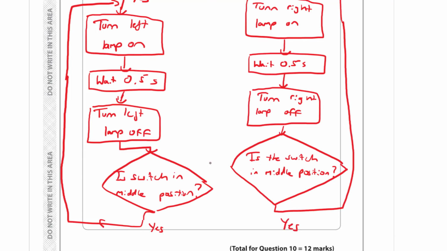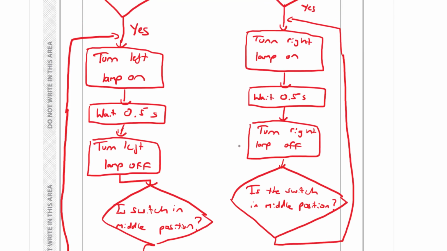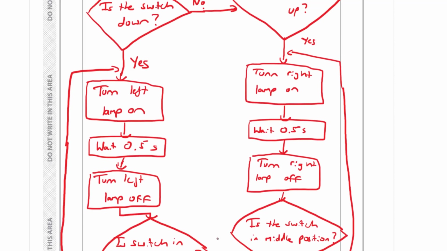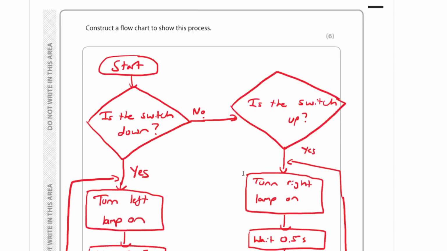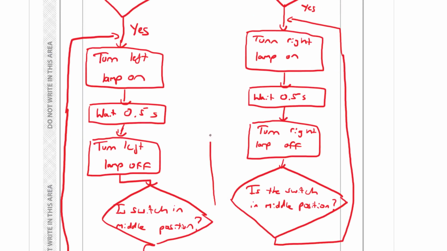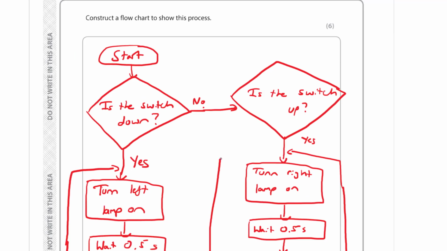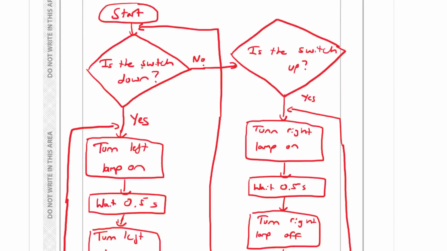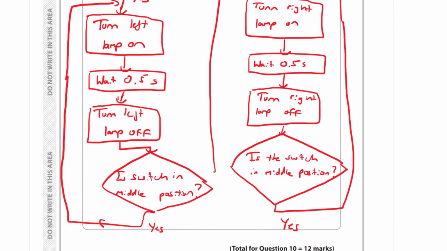So we need to actually wrap this up and say that, so if it's no, we can kind of connect this now. But these are two separate processes, hence we've got two separate boxes asking the same thing, basically. They're kind of self-contained. We need to go back to the start, and I've left myself in a bit of an issue here, so let's just go straight through this and loop it right back to the start, just to repeat this process, so it's a continuous process, which is why I don't have an end like before.